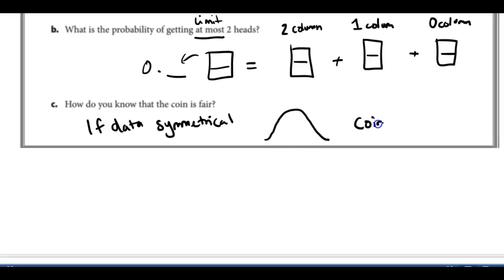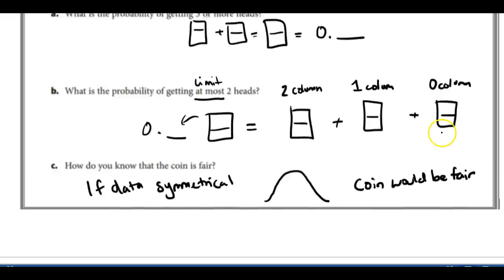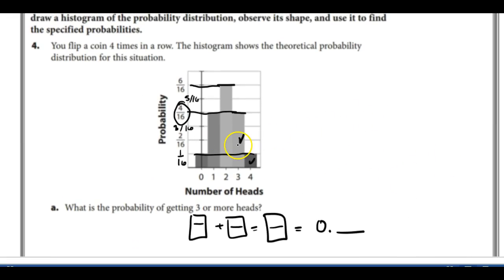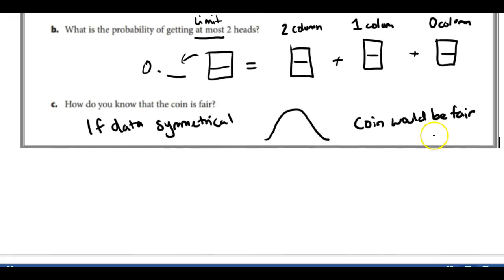Essentially that means the coin would be fair. But it's your opinion. Go ahead and look at the data and see if you think it's symmetrical or not. If it is, then yeah, that coin is fair. If it doesn't, then that means the coin is not fair. But that's how we would know.